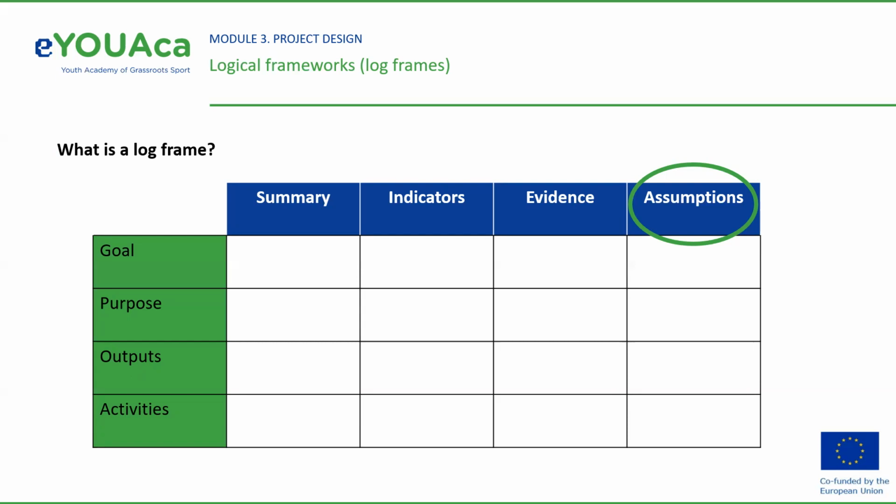In the log frame, we need to show that we have thought about what these factors might be. This is the reason why we have an assumption column. These refer to things that must happen before the project can start. Assumptions are thus external factors that influence or even determine the success of a project, but lie outside its control.